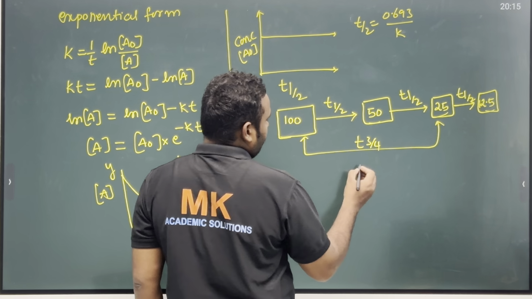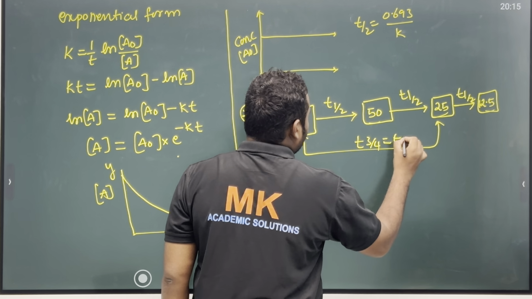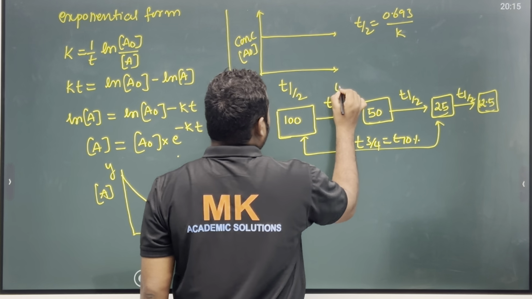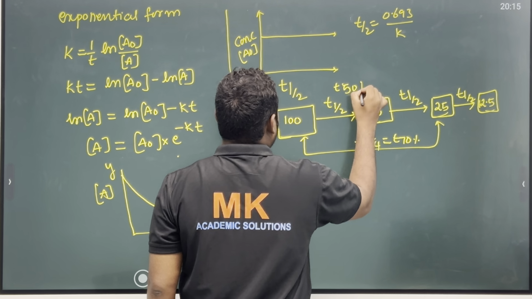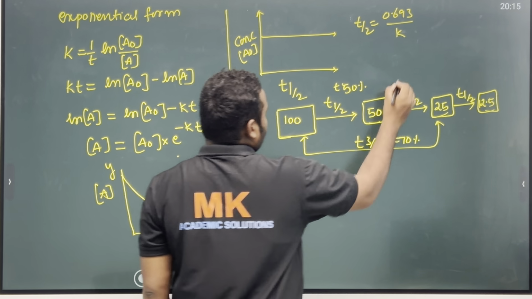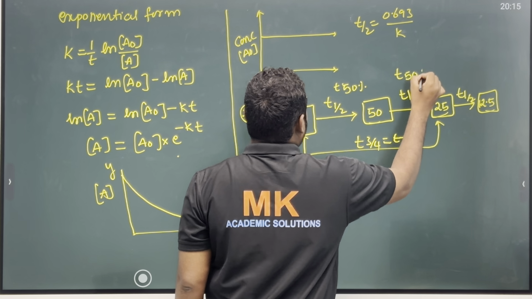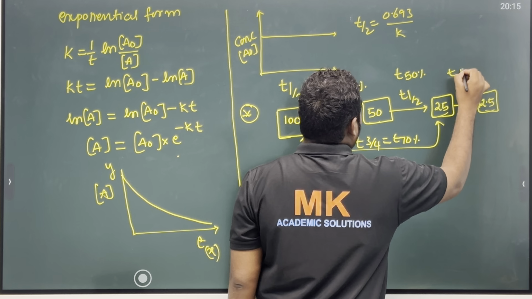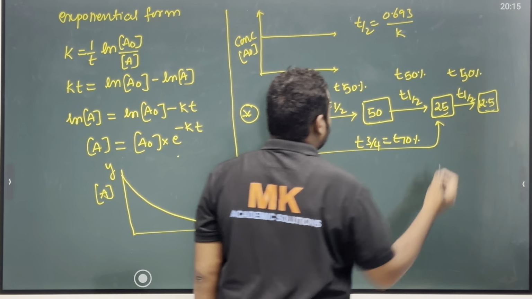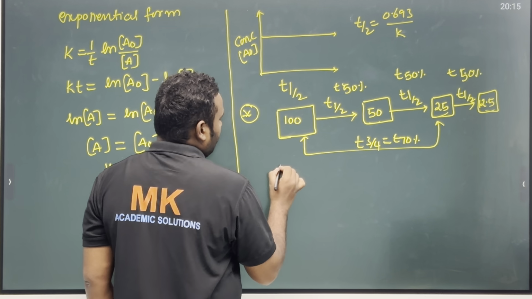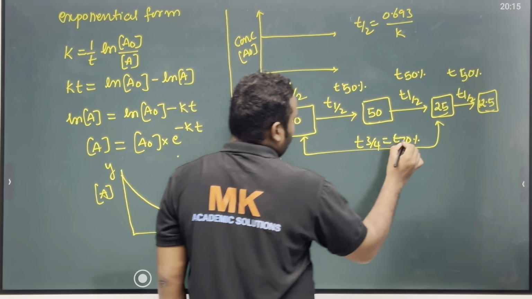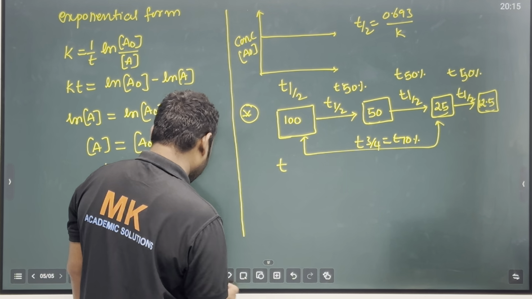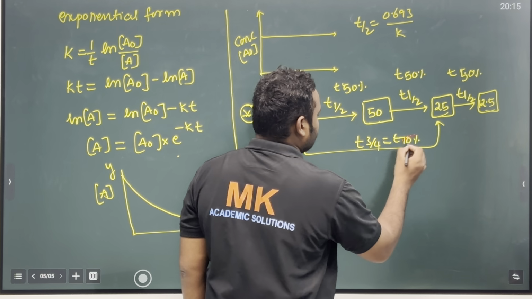Okay. So here T 3 by 4th also we can consider as the time required for the completion of 75%. Here T half we can consider as the time required for the completion of 50%. So it is also the time required for the completion of 50%. Here also it is the time required for the completion of 50%. So when you observe carefully, here it is T 75, not 70 children, T 75, not 70. Okay. Just made a correction here.